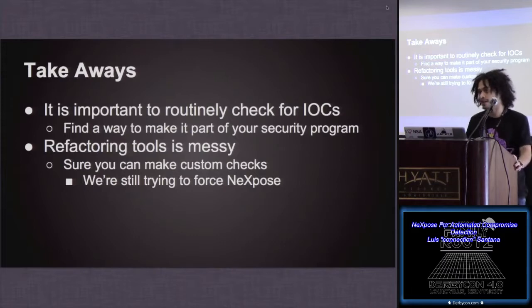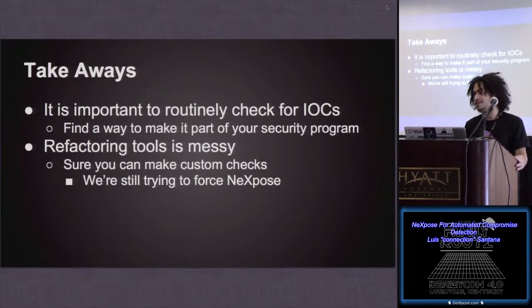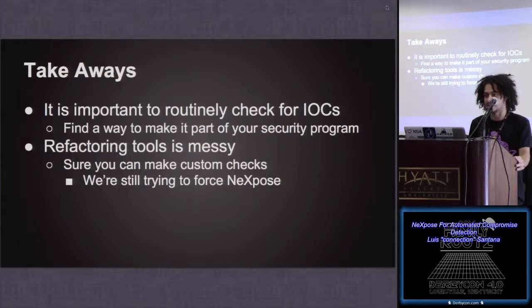I started realizing that everyone's network is going to be different, so you run into this issue where a lot of internal teams have to write their own custom checks. When I realized that was what was going on, I also realized this lack of documentation is kind of scary, because I can hardly teach myself, and I'm supposed to tell people, just go learn NeXpose Jess, it'll be fine.